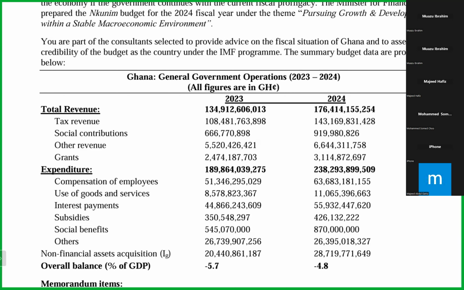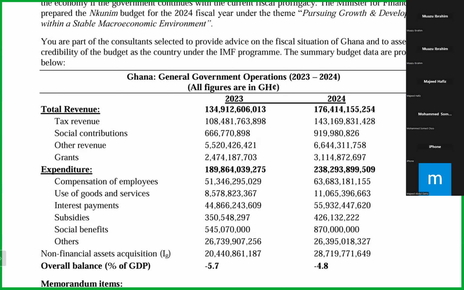Domestically, government cannot increase taxes, because we won't pay your e-levy. I know a lot of people deactivated their mobile money because they don't want to pay e-levy. You know the challenges. Government cannot also impose any meaningful additional taxes because we are already overtaxed and overburdened. But we are projecting to increase total revenue from 134.9 billion to 176 billion.